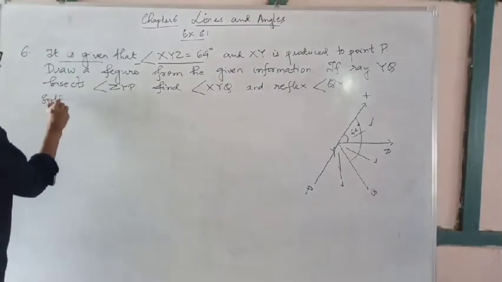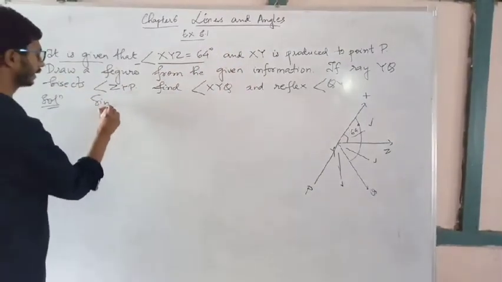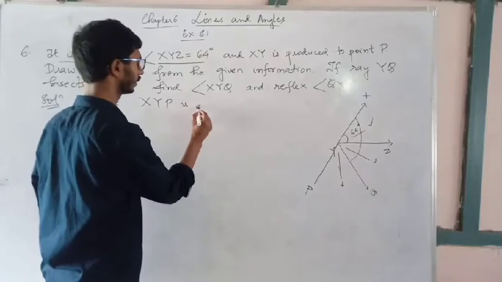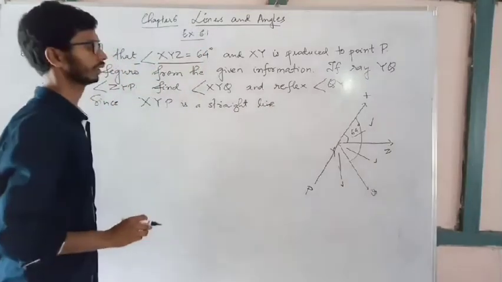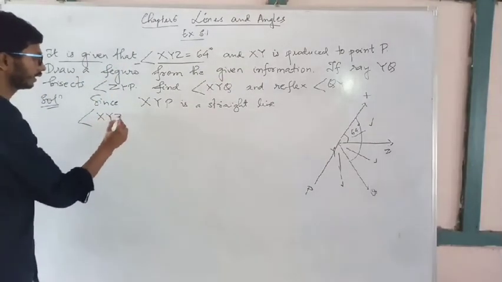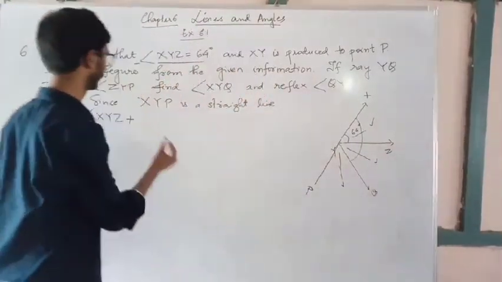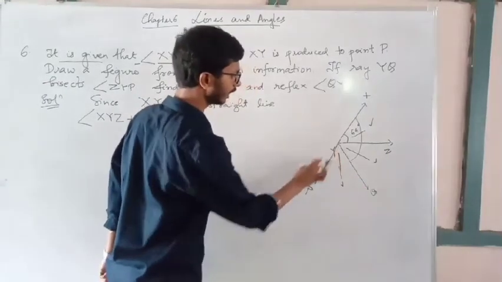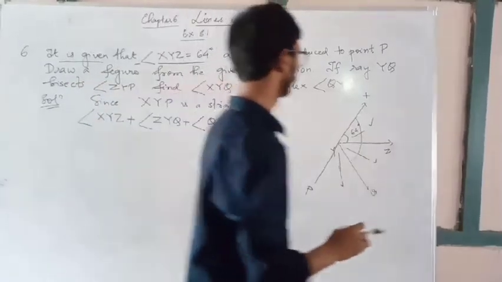So we can write like this: since XYP is a straight line, we can say that angle XYZ plus angle ZYQ plus angle QYP equal to 180. Okay, got it clear?